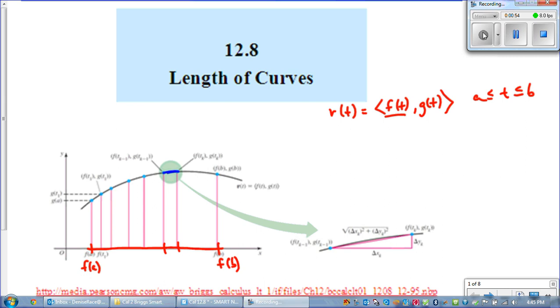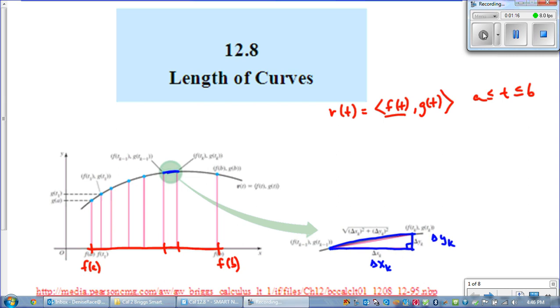To do that, we'll take this curve and drop a perpendicular down from the highest point so that it's on the same level as the lower point. This horizontal distance is delta x sub k, and the vertical distance is delta y sub k.